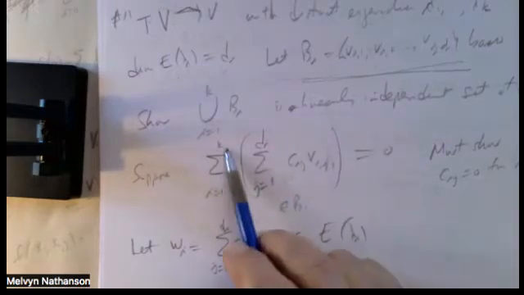So I have a lot of vectors, and I suppose some linear combination of them is 0. But this linear combination is really a sum over i from 1 to k of some vector W sub i. So the summation of W sub i equals 0, i goes from 1 to k.